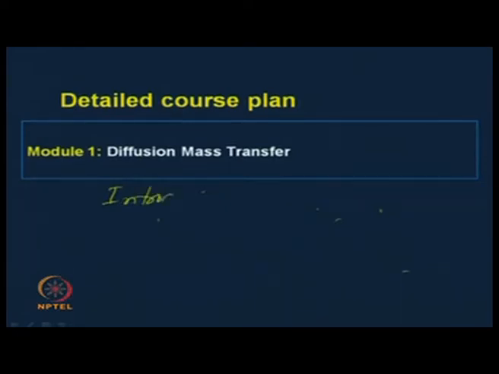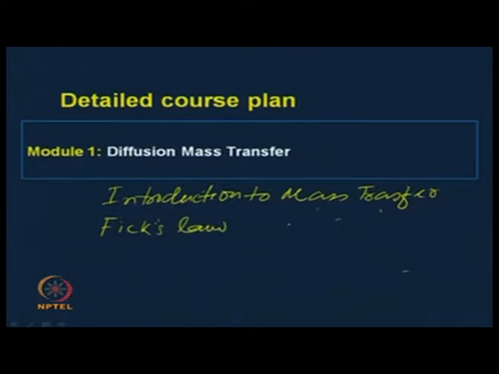So, introduction to mass transfer, Fick's law of diffusion, both under steady state conditions and unsteady state conditions.